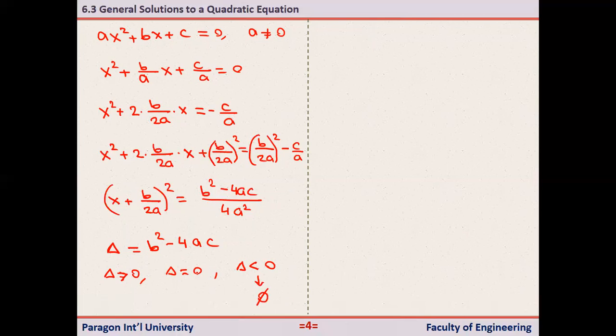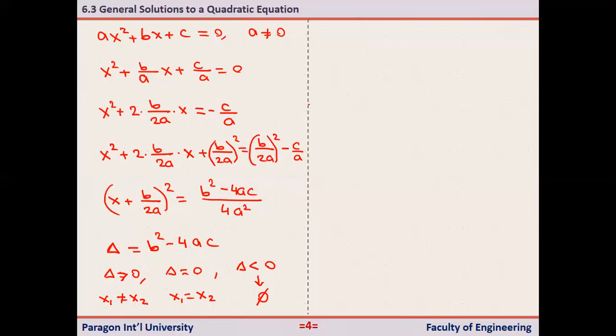And when delta is equal to 0, on the left hand side we have 0. The solution will be only 1: x will be negative b over 2a. So here x1 equals x2. And when delta is greater than 0, we have two solutions, and they are not equal to each other. They are distinct. Okay.